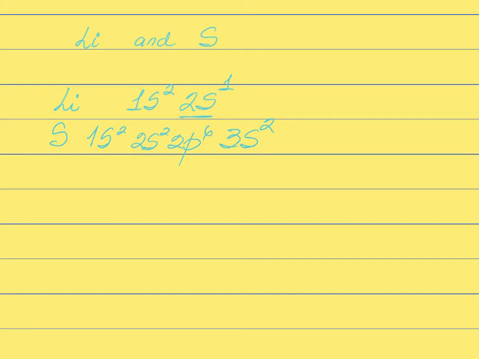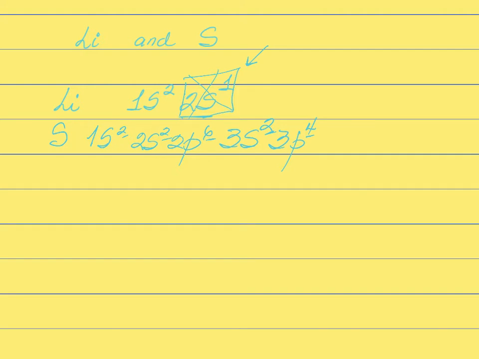So far I have 12, then 3p4. Let me see if I have 16 here: 2, 4, 10, 12 plus 4, 16. In order to reach chemical stability, this one here is going to be losing this one.